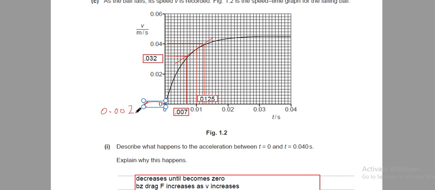Okay, and for the x-axis, 0.01 is represented by 10 small squares, so every small square here represents 0.001.